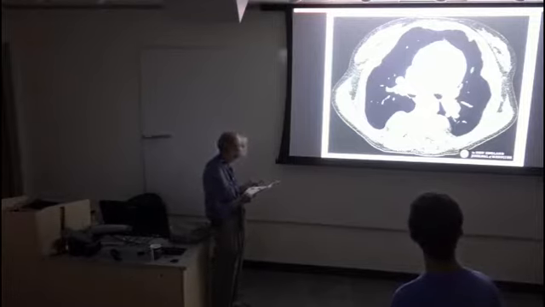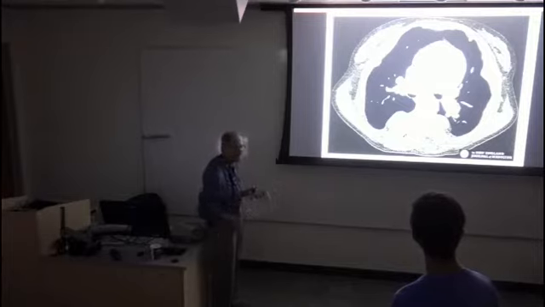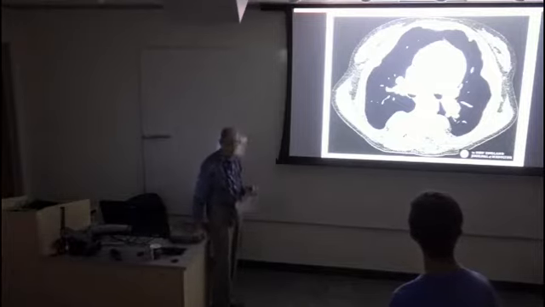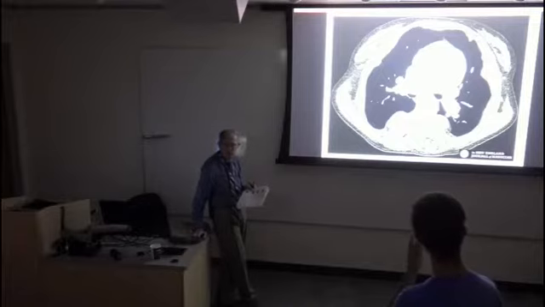To make a long story short, this is a person who has a particular kind of anemia. It is congenital. It's like sickle cell anemia in its consequences, but it has a very different origin. It's called beta thalassemia.